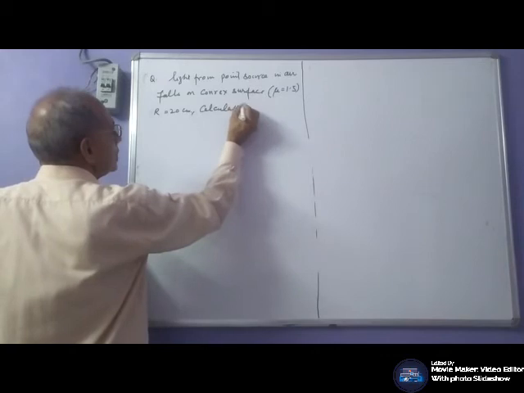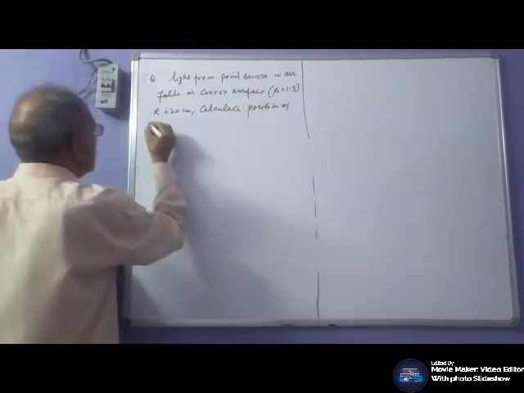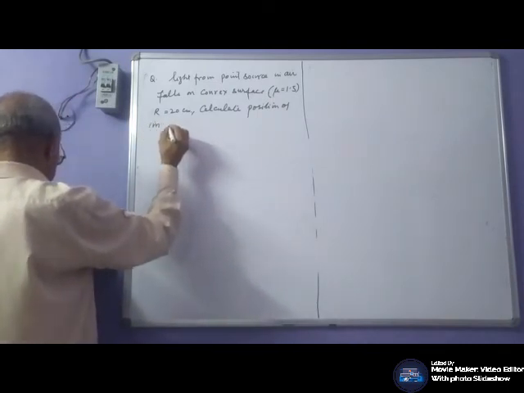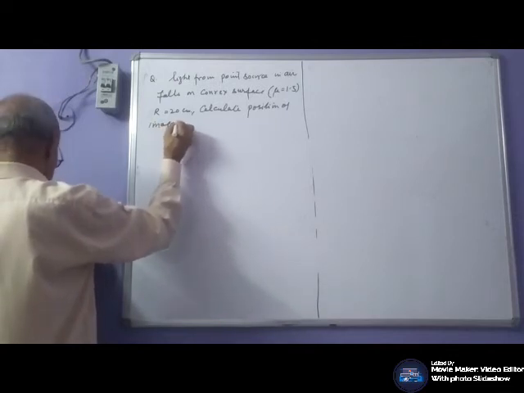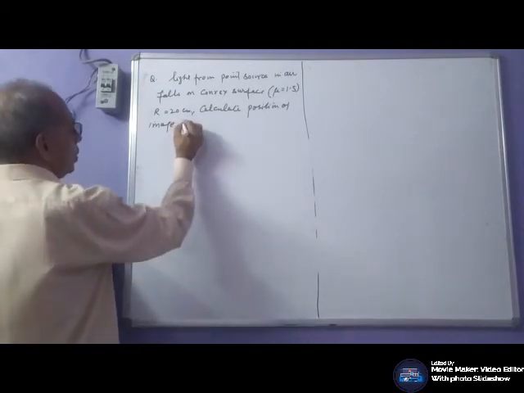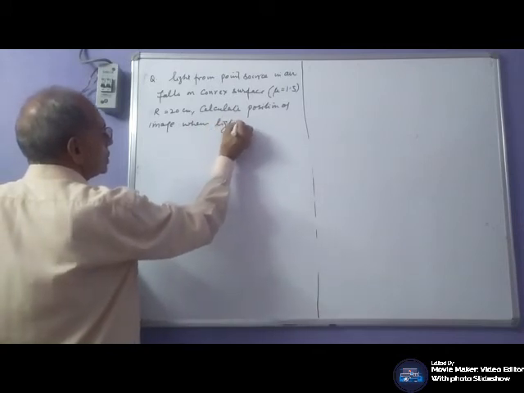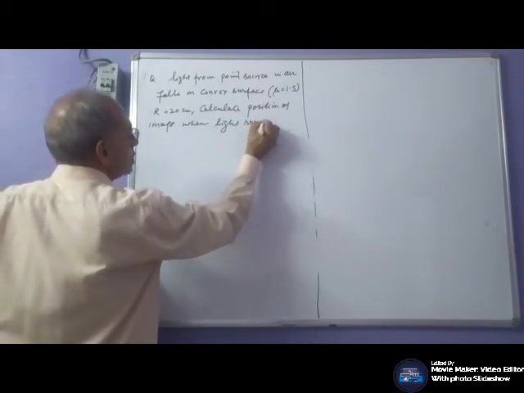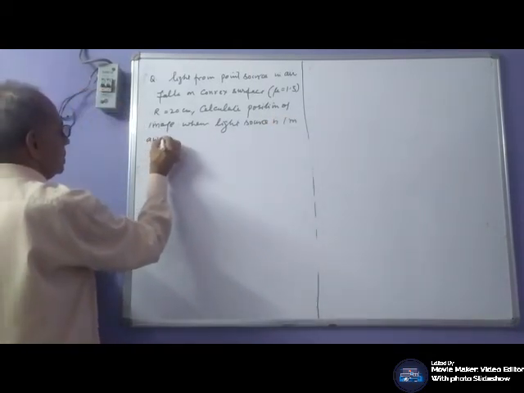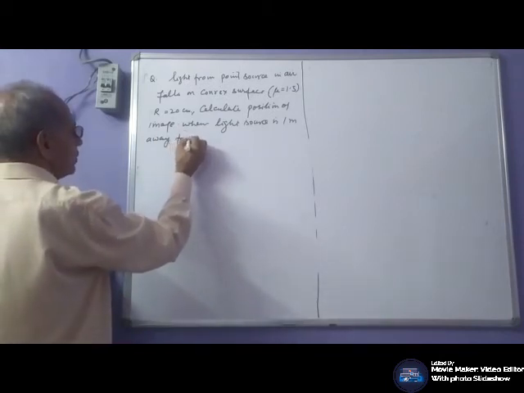Calculate the position of the image. The light source is 1 meter away from the glass surface.